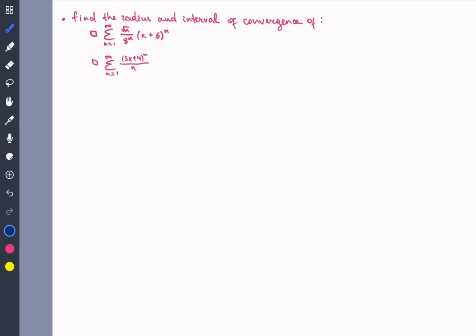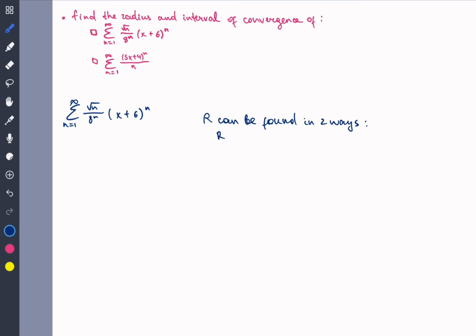And finally, the last exercise of today is to determine the radius and interval of convergence of the following power series. Today I'll show you that finding the radius of convergence can be done in two ways. First is the formula r is equal to the limit as n tends to infinity of the absolute value of Cn over Cn plus 1.